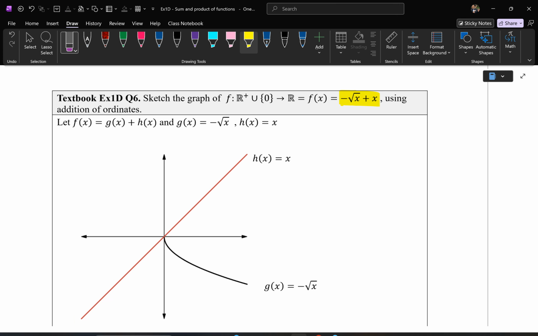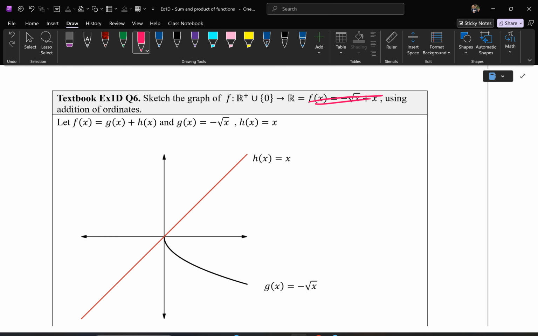Actually, maybe I should... Wait, which one is which? Oh, no. Something's wrong. Sorry. Can you fix this line? f of x should be... That should be g of x, actually. Oh, that's so weird. All right. That's my mistake there.